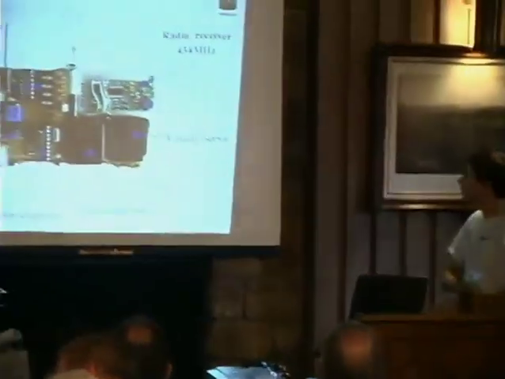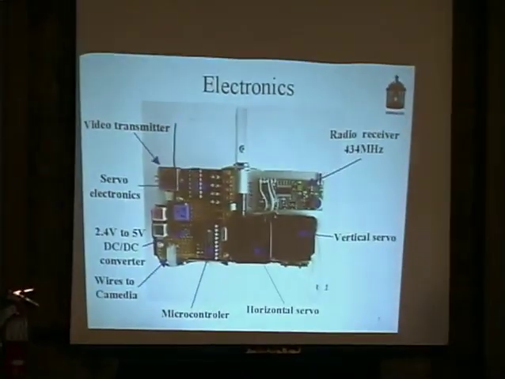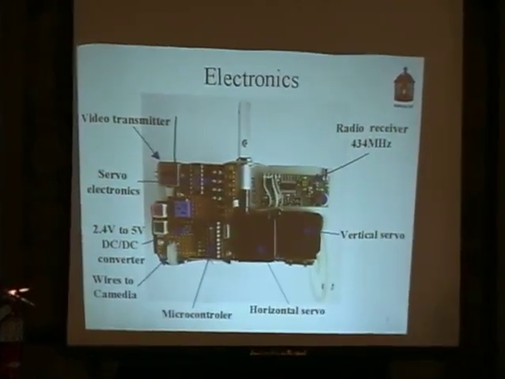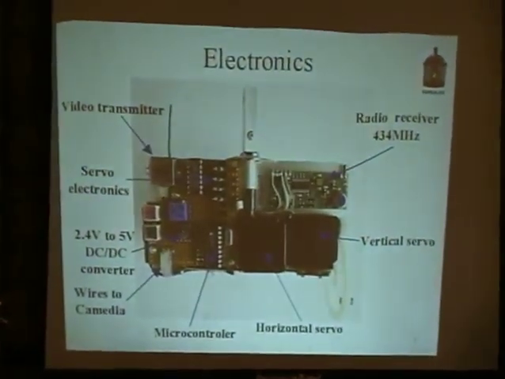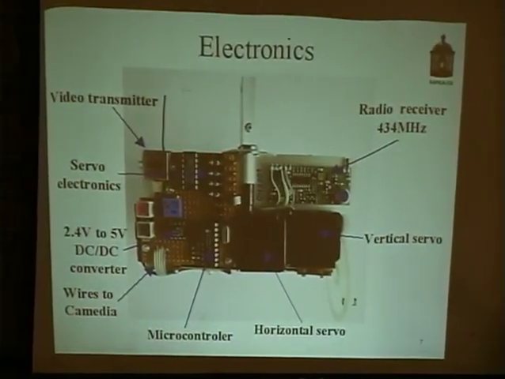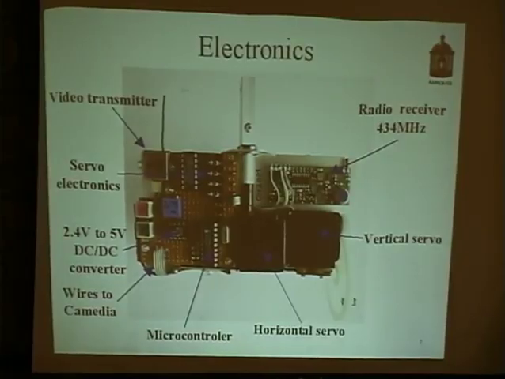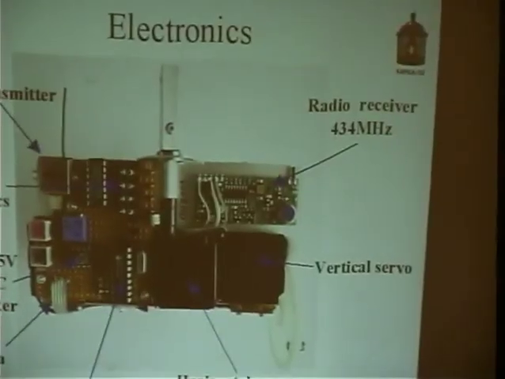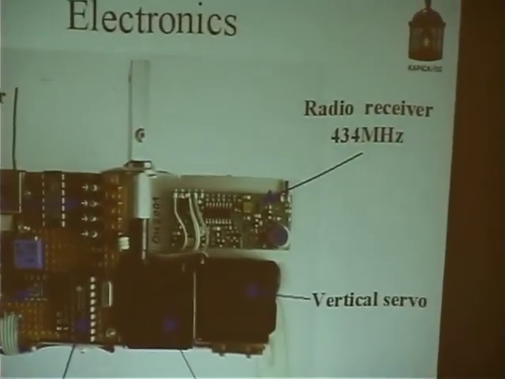So that's the back of the cradle. So all parts are on the back of the camera. What we can see is the radio receiver. So I use little board, little modules. That's 434 megahertz in FM.